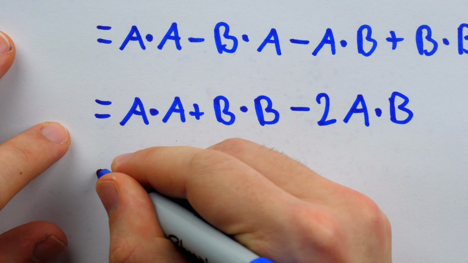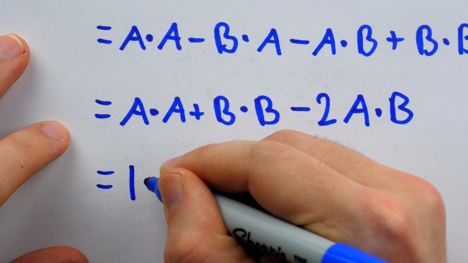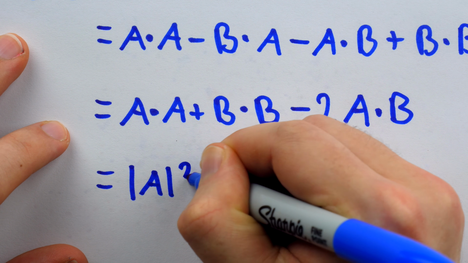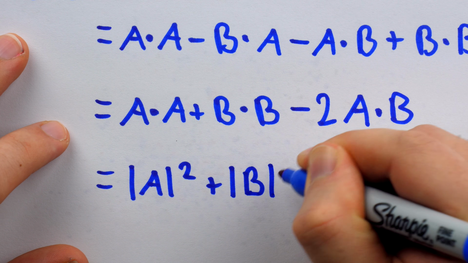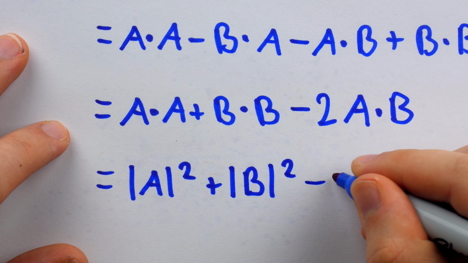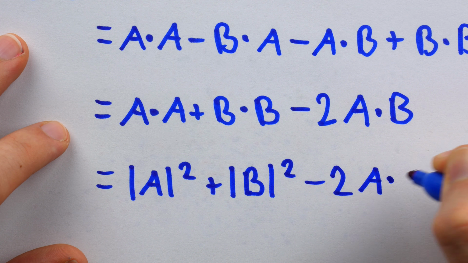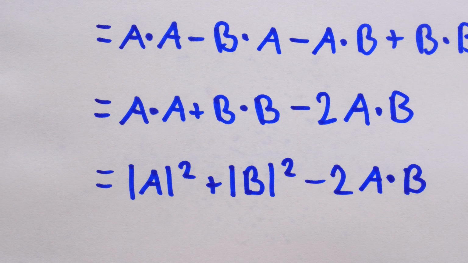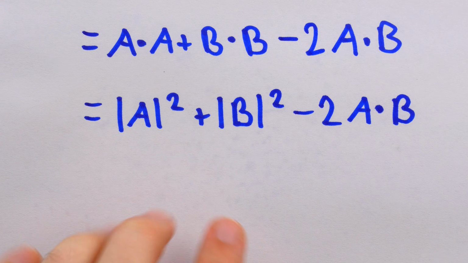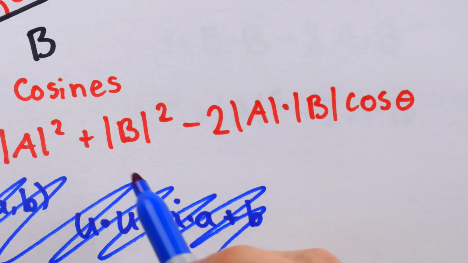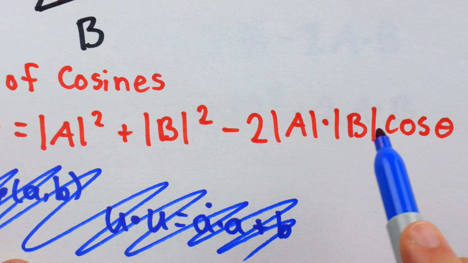Now, the vector a dotted with itself, as we've seen, is in fact the magnitude of a squared. Similarly, b dotted with itself is the magnitude of b squared, and we will leave 2a dot b as it is. So then here is an alternative expression for the magnitude of c squared. This must equal the expression from the law of cosines.